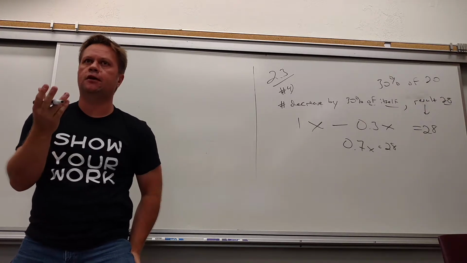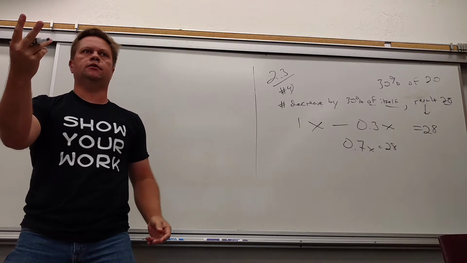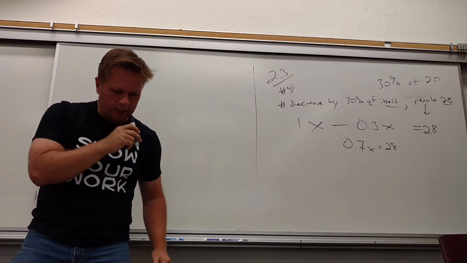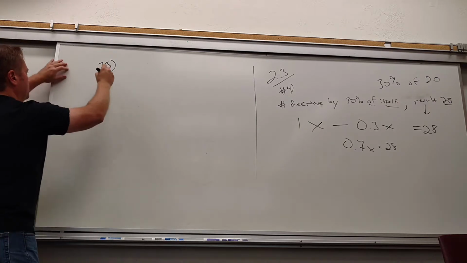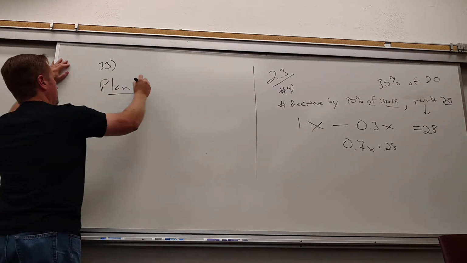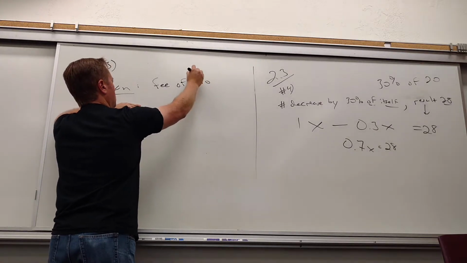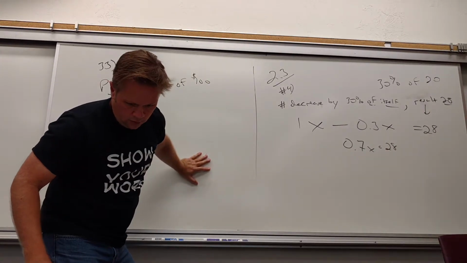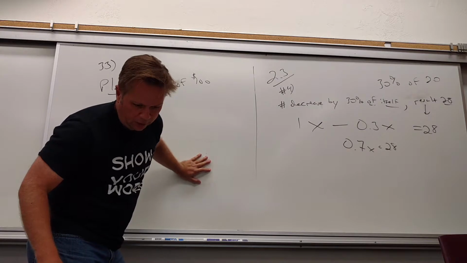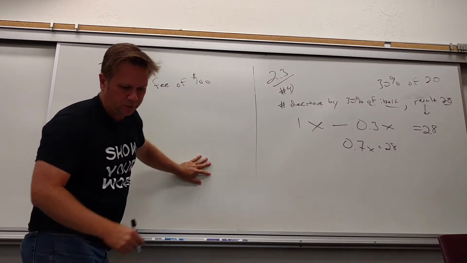You go into a discount warehouse, and you've got two plans to choose from. Plan A is an annual membership of $100, so you have to pay a fee of $100, and you pay 80% of the manufacturer's recommended list price.